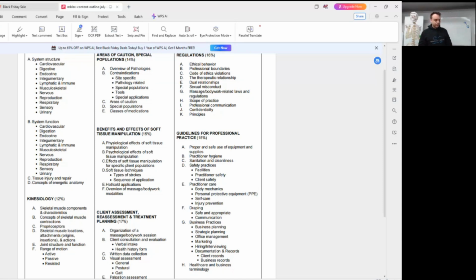Which goes into the last two parts of this category, joint structure and function. Again, you can find that most likely within the skeletal system, as the skeletal system does cover joints and the basics of their functions.